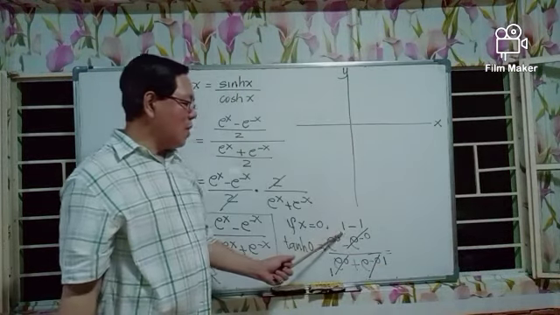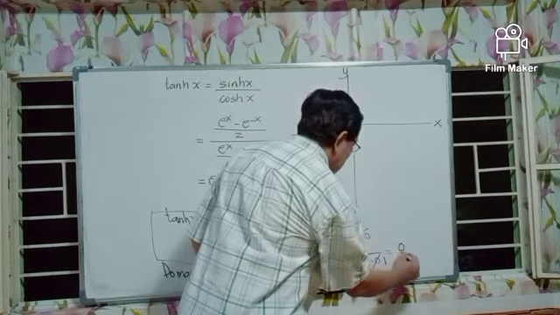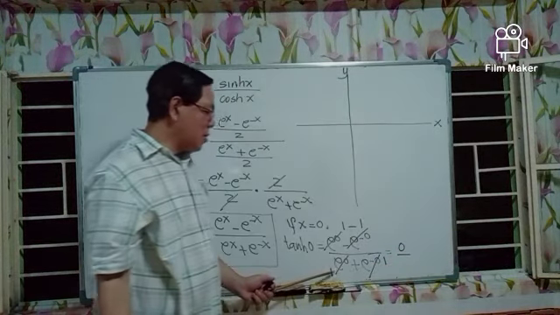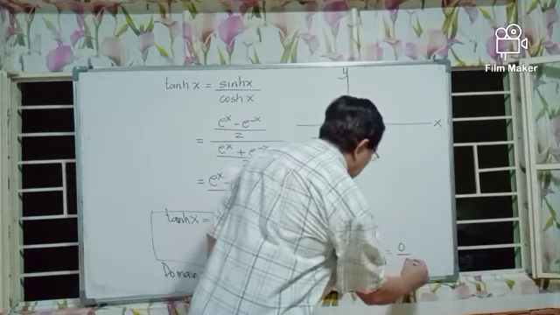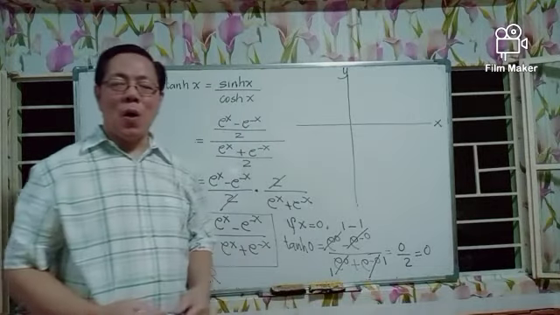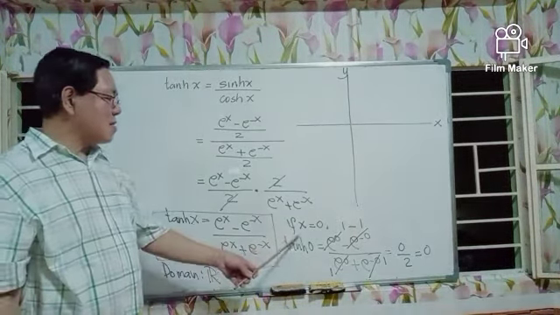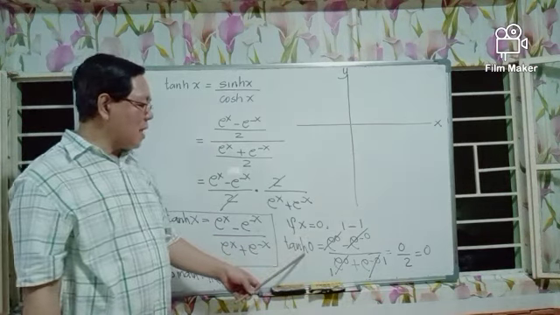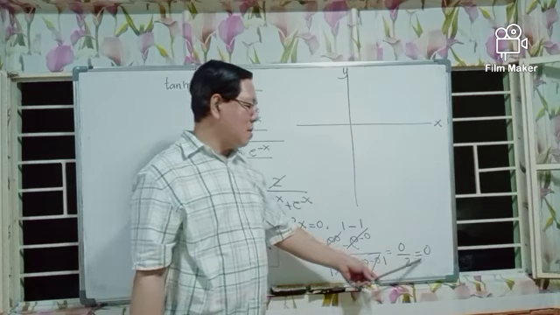In the numerator, we have 1 minus 1 is 0. In the denominator, we have 1 plus 1 is 2. And 0 over 2 is 0. Thus, if x is equal to 0, the hyperbolic tangent of 0 or the value of y is 0.